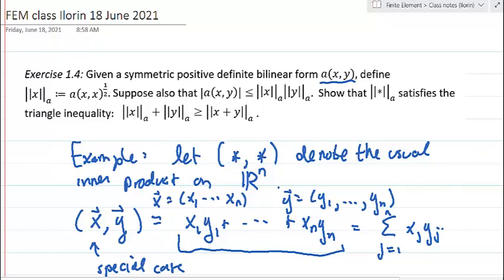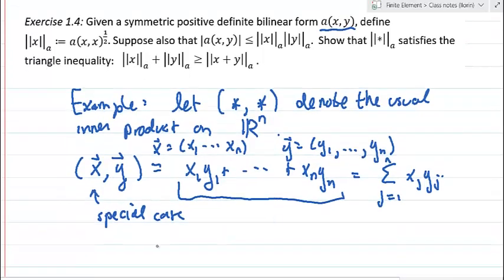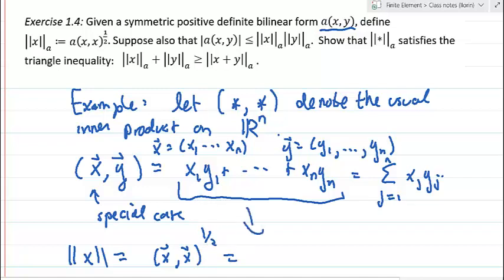Okay. So if this is my inner product, then I could define the norm of x as equal to the (x, x) to the 1/2. Now what is that? If I use this formula and I put x in place of y, this is substitution again. This will give me x1 times x1 is x1 squared.